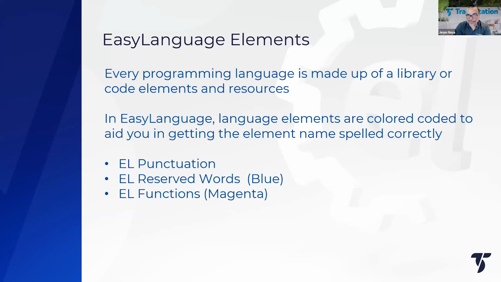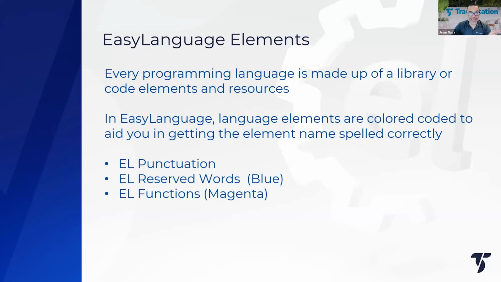And of course, that's going to help you realize if you've mistyped something. Because if something does not turn a particular color, it's probably because the language doesn't recognize it. And I'll give you a straight example. Average is a word that exists as a function inside of EasyLanguage. And when you type the word average inside of a programming document, it'll turn magenta automatically because EasyLanguage recognizes it.